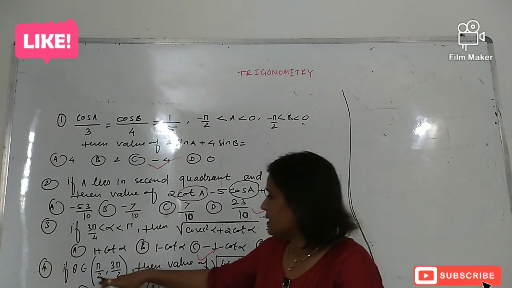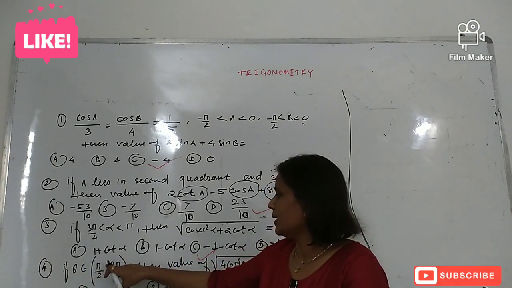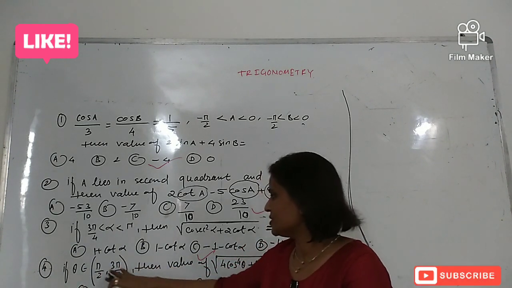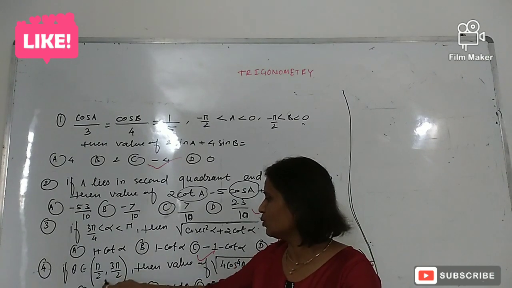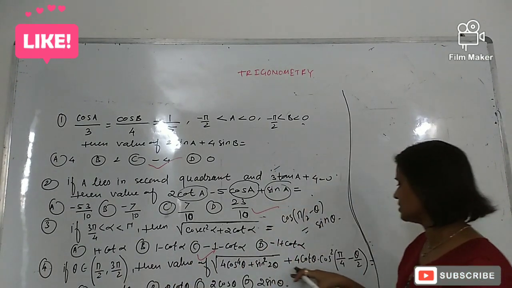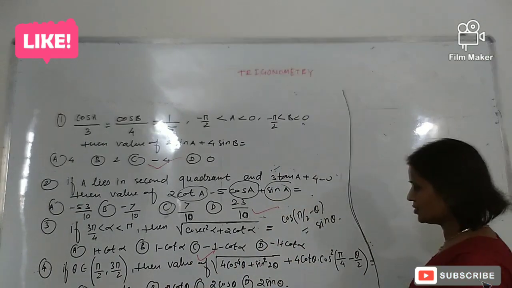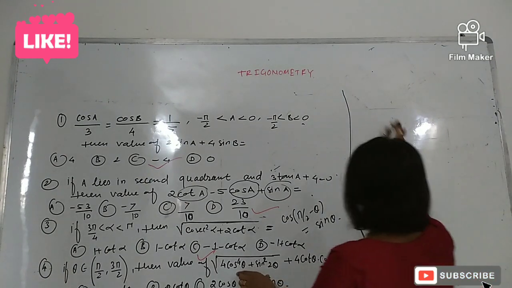So the next question is: if theta belongs to pi by 2 and 3 pi by 2, meaning theta is present between pi by 2 and 3 pi by 2, then find the value of this expression. So this whole expression is given. Simplify this whole expression.